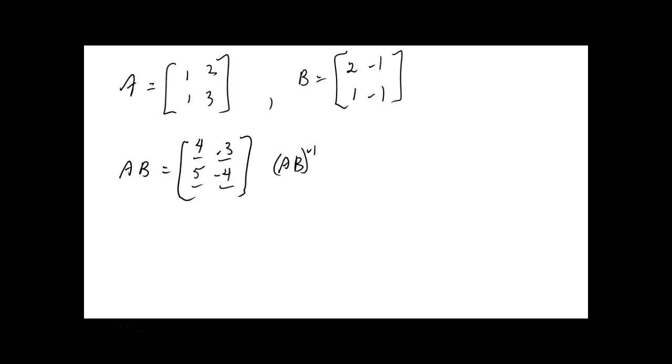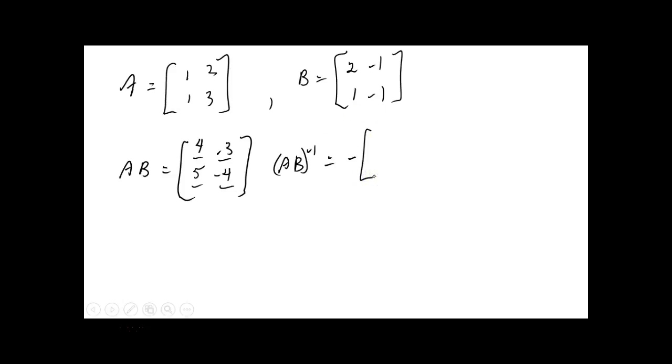What would that be? -1. The determinant's -1, so it doesn't have an inverse. Yes, it does. How do you get it? It'd be -1 over -1, which is just negative.